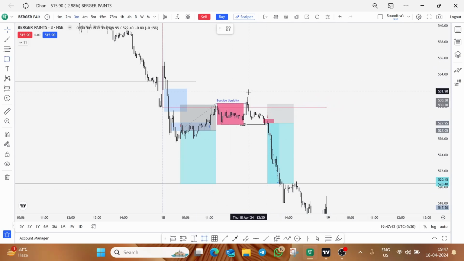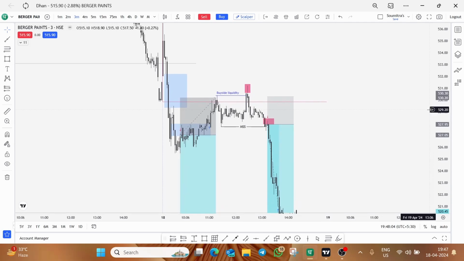This one is the manipulation, that is, price is taking the buy side liquidity, and then this is the distribution. So this is a power of 3 setup also. Of course, we were not paying attention to that. We were just taking the trade based on the market structure shift here, market structure shift and strong displacement. So based on that, we were taking the trade.